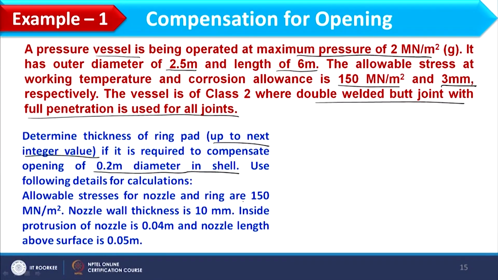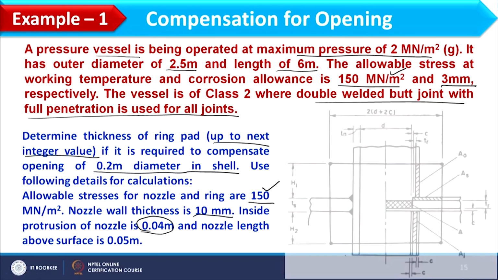For this calculation, the following values are given. Allowable stress of nozzle and ring are 150 meganewton per meter square. So, here you see the allowable stress of nozzle and ring pad as well as that of shell is equal. Nozzle wall thickness is 10 mm, which is nothing but Tn, the standard thickness of nozzle. Inside protrusion of nozzle is 0.04. Okay.